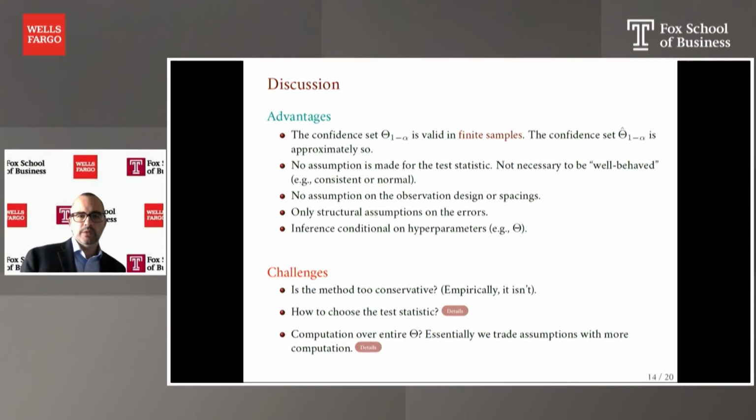Okay. So before I give you concrete practical applications and results, some quick discussion about what's good and bad about this method. So again, just to summarize the goods. This method is finite sample valid in its best form, right? When you try to maximize over these nuisance parameters, then it gets complicated.